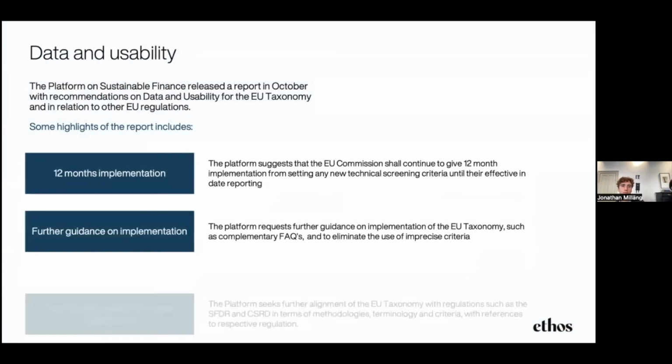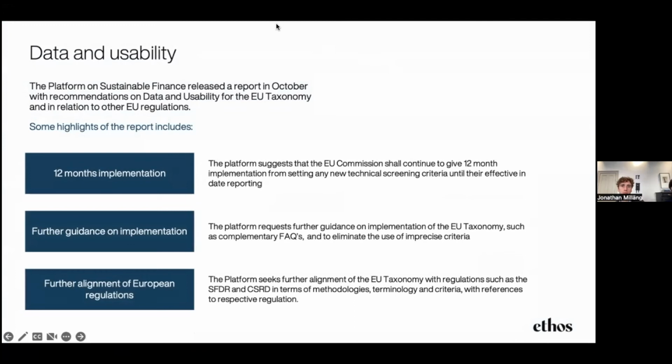Yes, so the EU taxonomy is living regulation, I would say. By that, I mean that the regulation aims to include or extend included activities and sectors over time, and also aims to, of course, deliver the objectives or technical screening criteria for the remaining objectives.